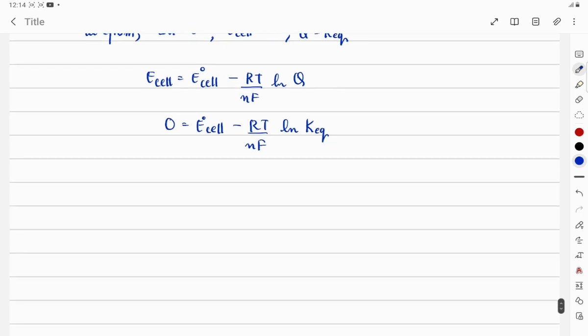Now I can just bring this second term to the other side. I will get E0 cell equal to RT by NF ln K equilibrium.